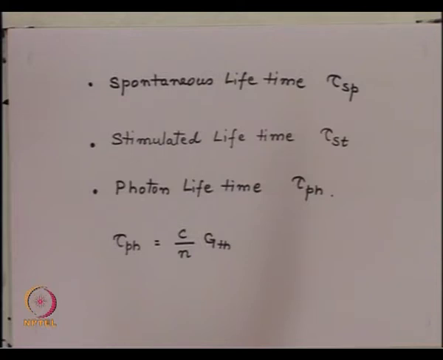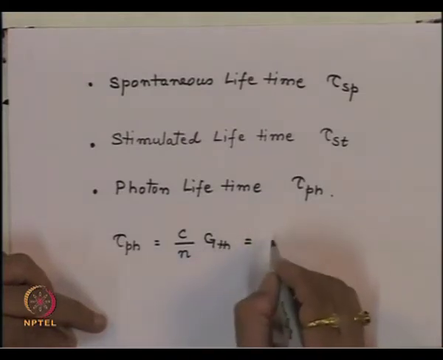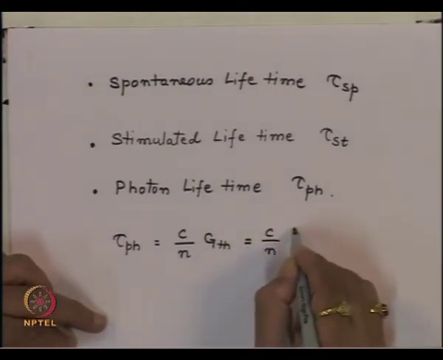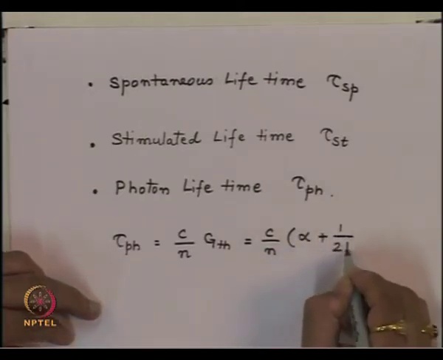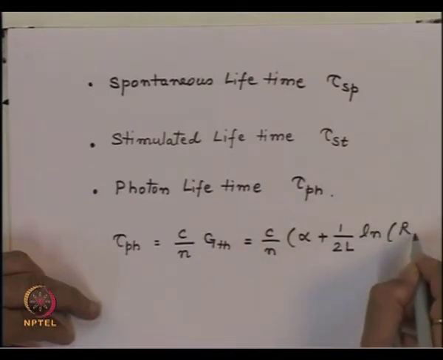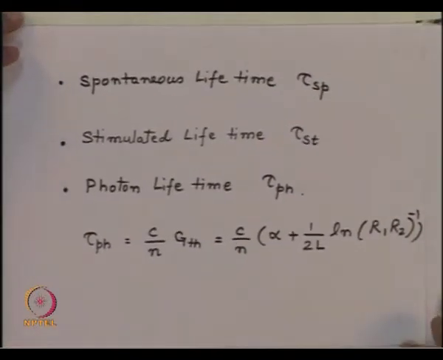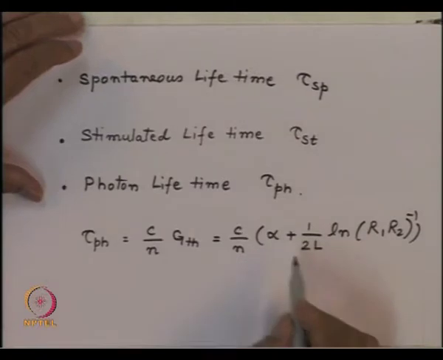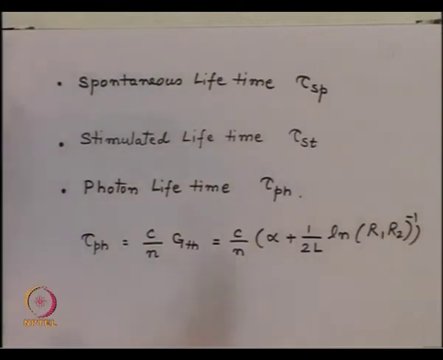So, as we have seen earlier from that condition for the positive feedback, this quantity would be equal to C by n into alpha, which is the absorption inside the material, plus 1 upon 2 L log of 1 upon R1 R2 minus 1, like this. So, this is the absorption coefficient of the material, this is the length of the region where lasing is taking place, and these are the reflectivities of the 2 mirrors of the cavity.